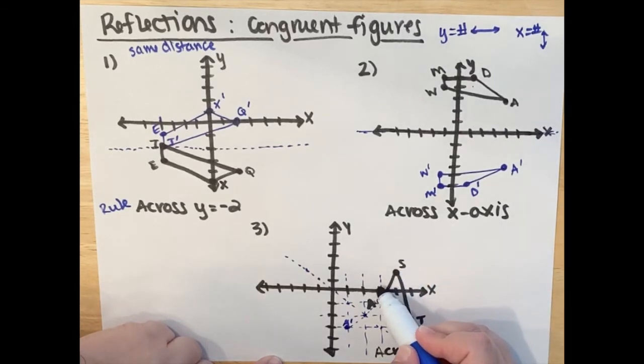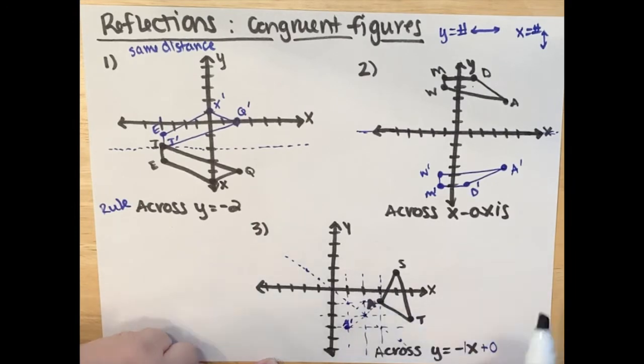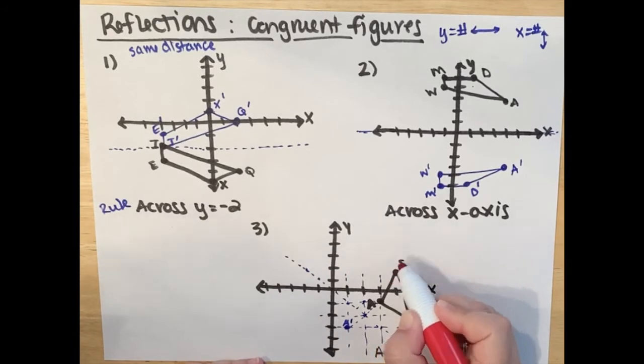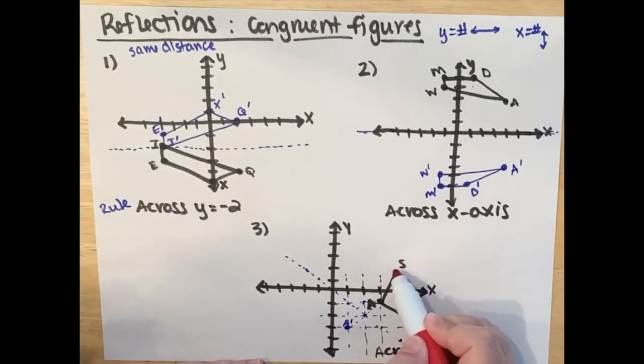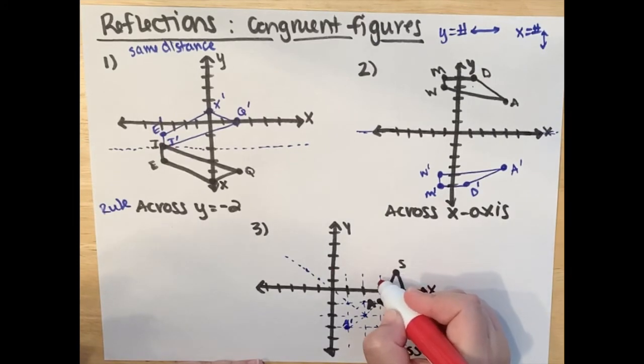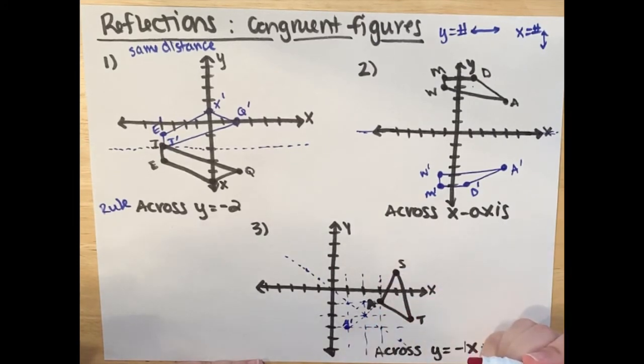I am 1, 2.5 away. Let me use red to help us out a little bit here. I am actually a little bit more than that. This looks like it's at 2. So I am 1, 2, 3 away. So I need to go 3 in the other direction.